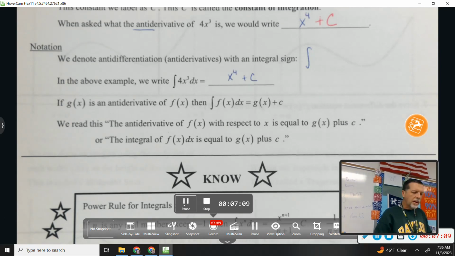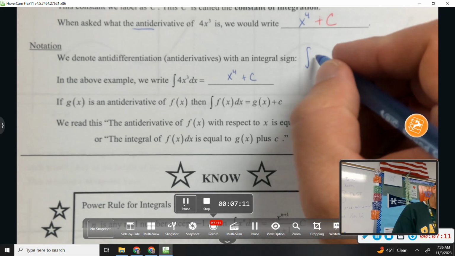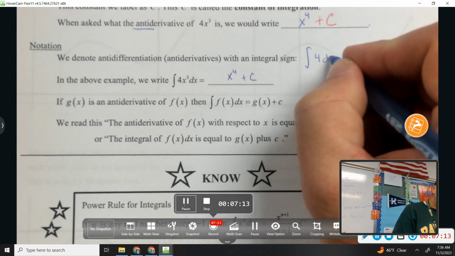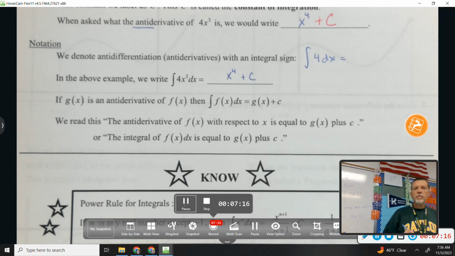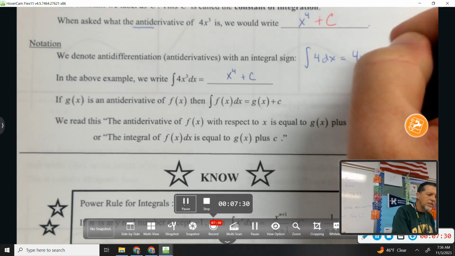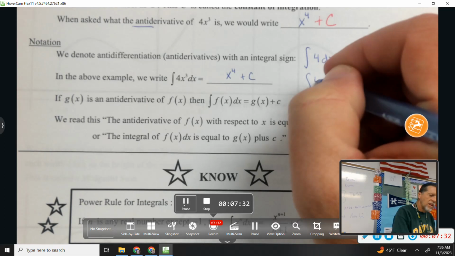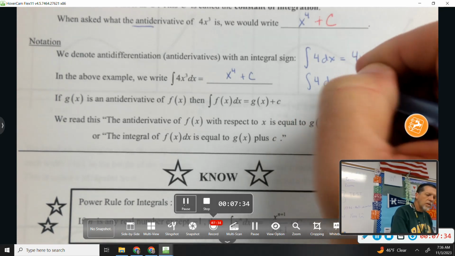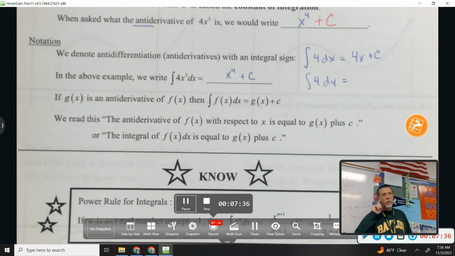Why the dx matters, here's an example to show that. What's the antiderivative of 4 dx? Who has a derivative of 4? 4x, and then plus c. Well, what about the antiderivative of 4 dy?